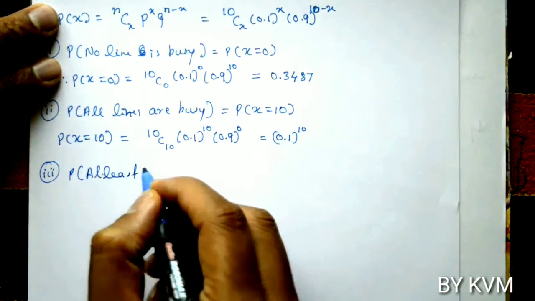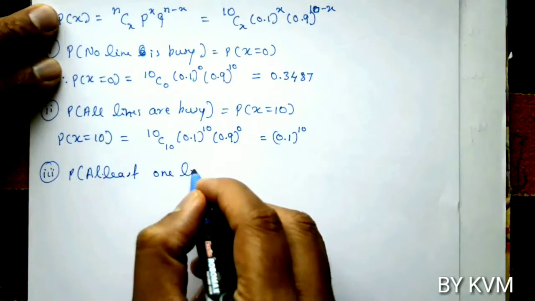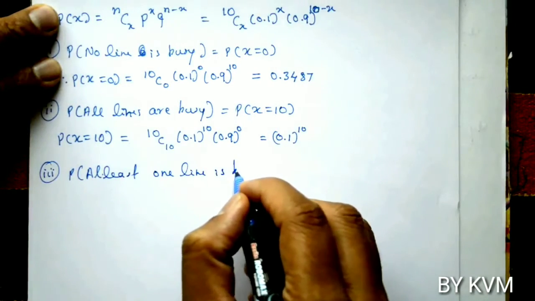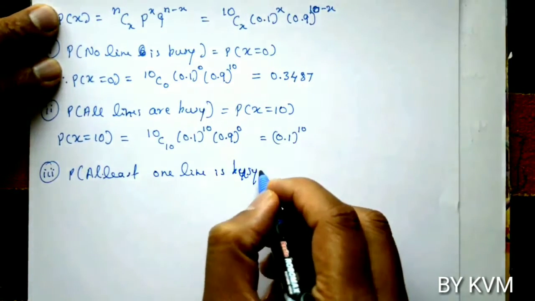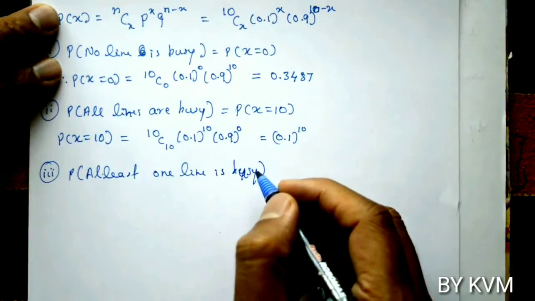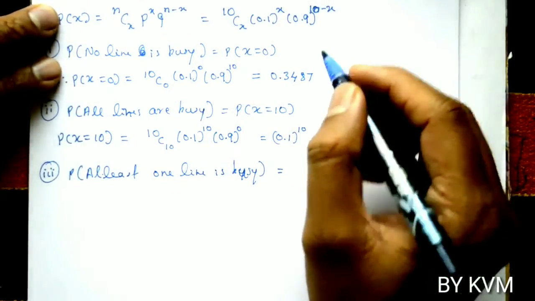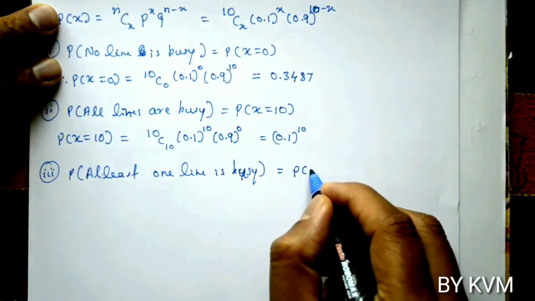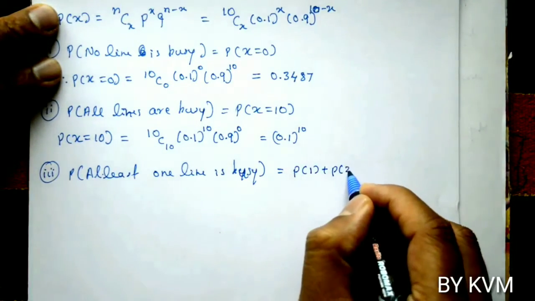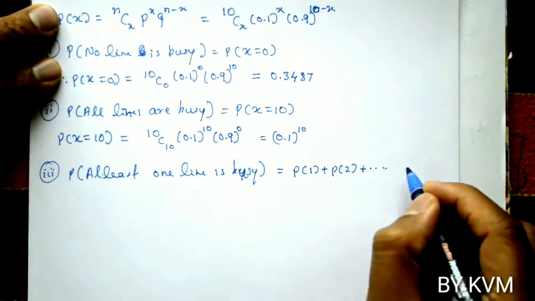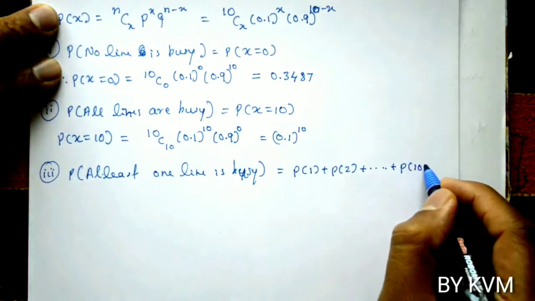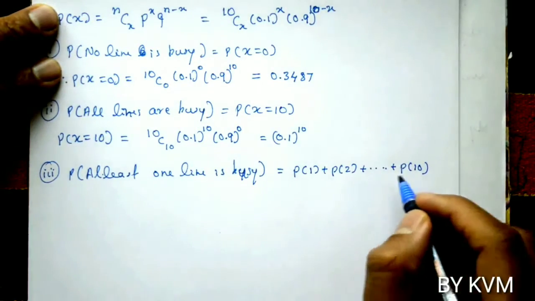Now, probability of at least one line busy. At least means a minimum of one line should be busy, or more than one line. So that is probability of 1, probability of 2, up to probability of 10, because we have chosen 10 random lines.